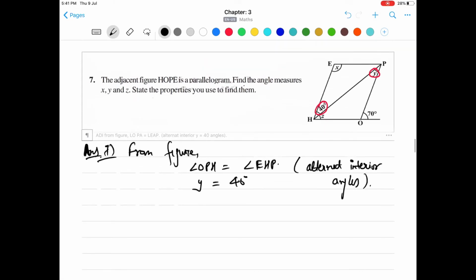Now for the triangle OPH, in this triangle this side HO is extended, let's say till point A. So this angle POA is an exterior angle.